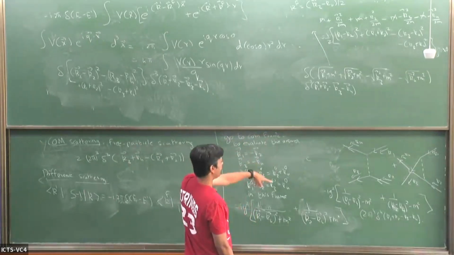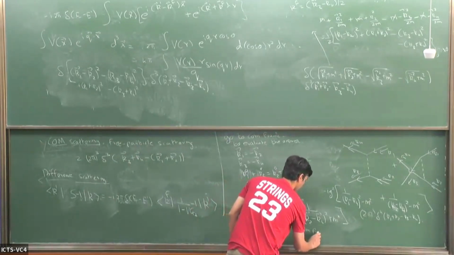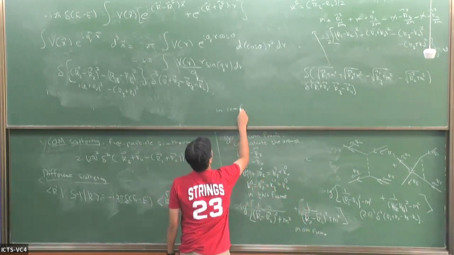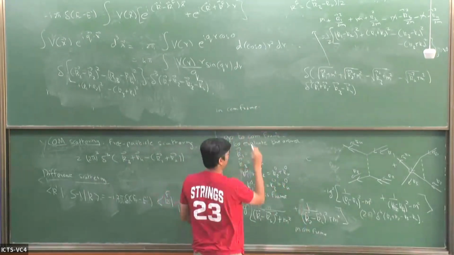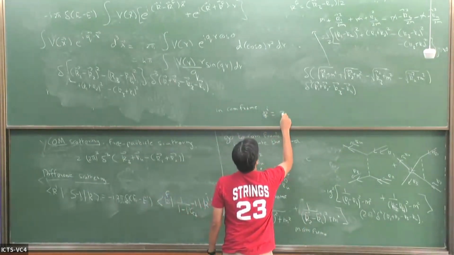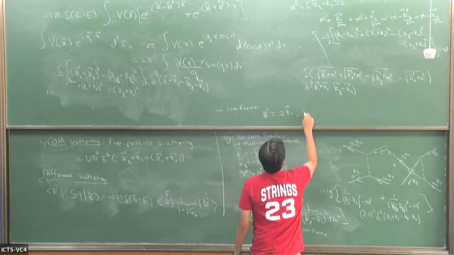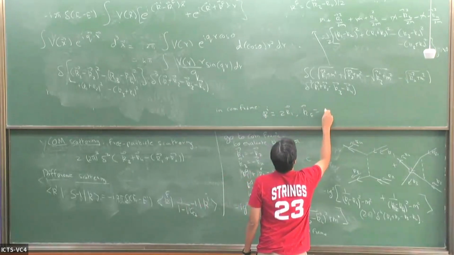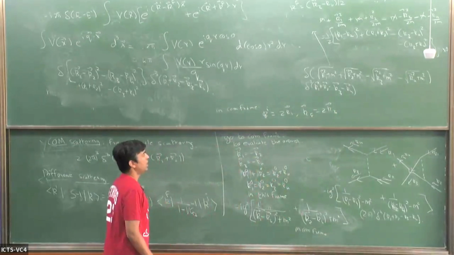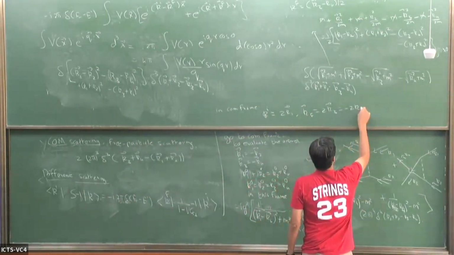Okay. In the center of mass frame, which is where we are matching this, Ki is in fact just equal to twice K1, and Kf is just equal to twice K3, or you can think of it as equal to minus twice K4.